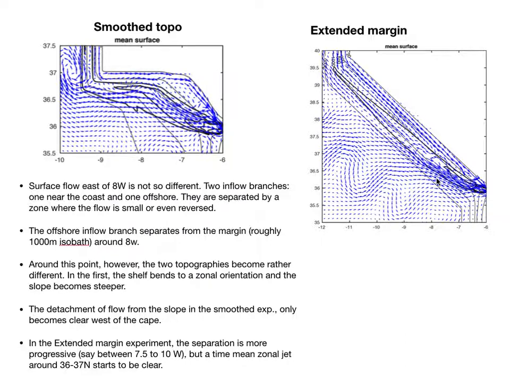So very early, and completely independent of any cape or steepening or drastic changes in the topography. The topography here is very simple, and you also have the generation of the offshore flow.